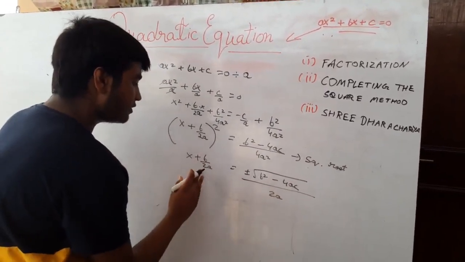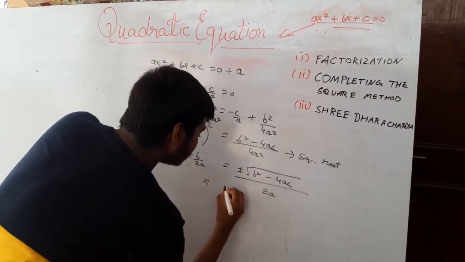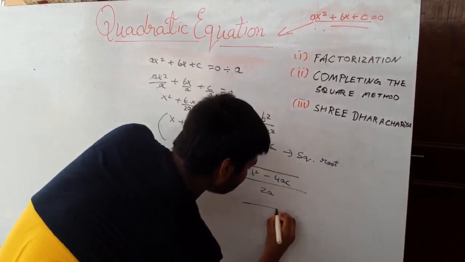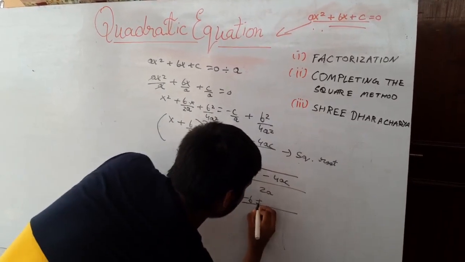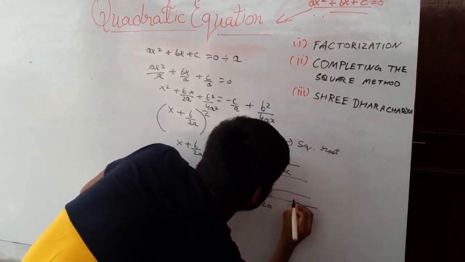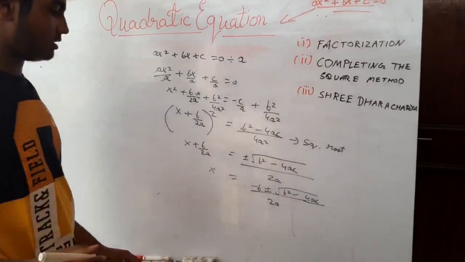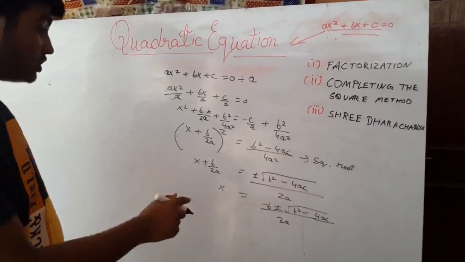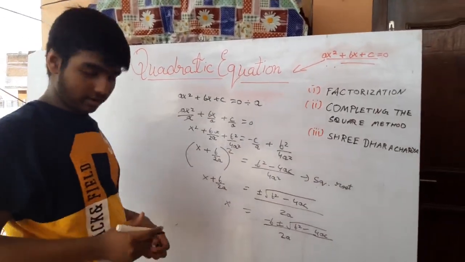So we'll just shift b by 2a to the RHS of the equal to sign. What we'll get, taking 2a as an LCM, is minus b plus minus under root b square minus 4ac by 2a. This is the derivation of Shree Dharacharya formula using completing the square method.